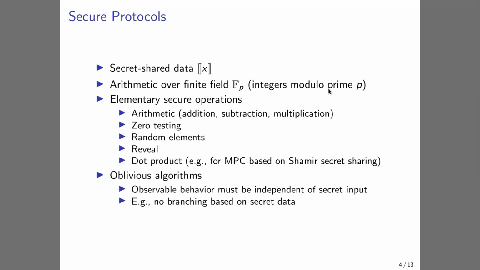From their point of view, it's as if they're looking at random numbers. However, by working together, they can still perform meaningful operations on these data. Now, anytime secret shared data pop up in these slides, I've denoted them with these double square brackets. So here at the top, we have a secret shared value x.